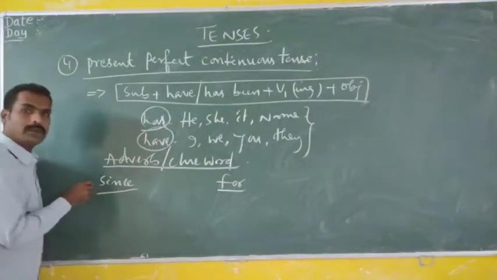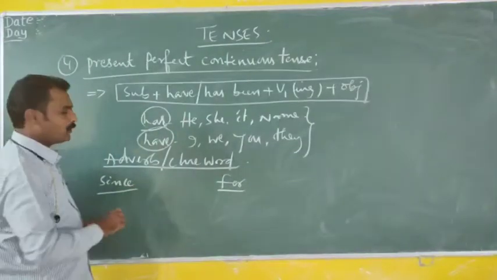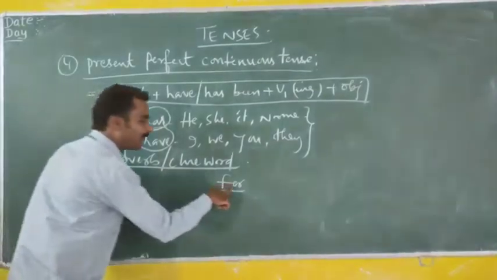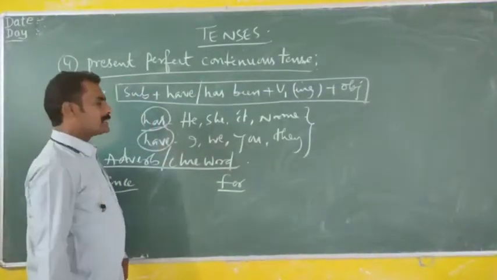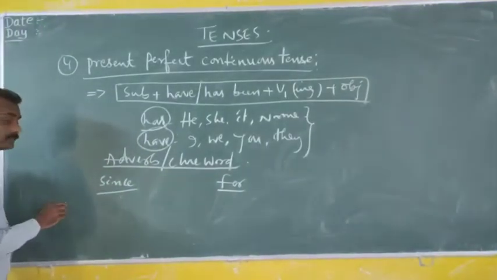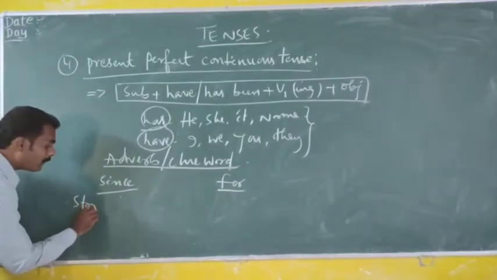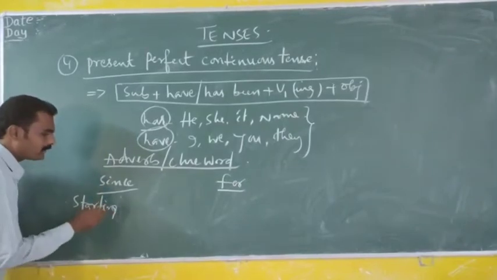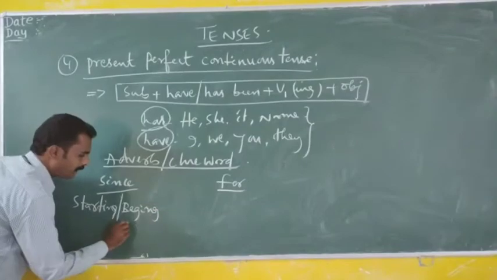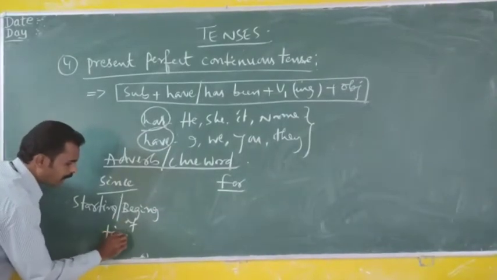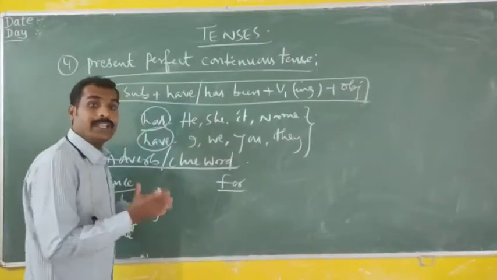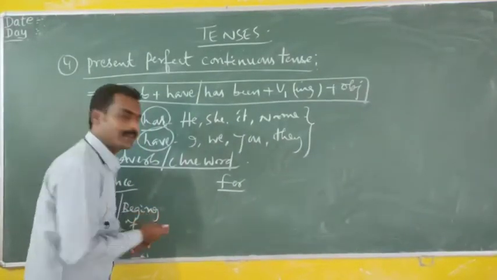These are the two adverbs or clue words which we use under this tense. We use since for the starting or beginning of time, and we use for for quantity of time.